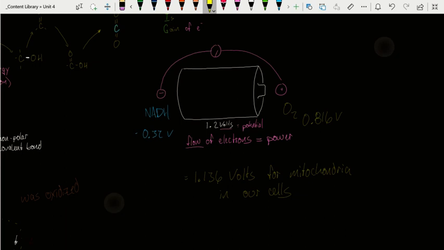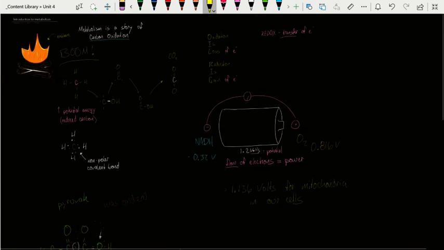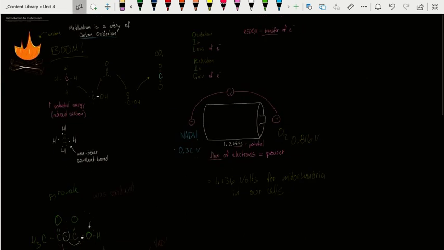So let's go back and see if we can summarize this. We started by saying metabolism is a story of carbon oxidation. Now we understand what that means. What we're going to do is take the food that we eat and essentially strip the energy off of it, just like a fire is stripping the energy off of that wood or methane.